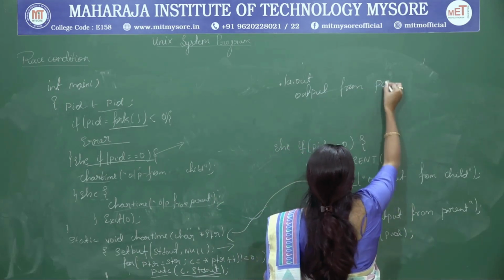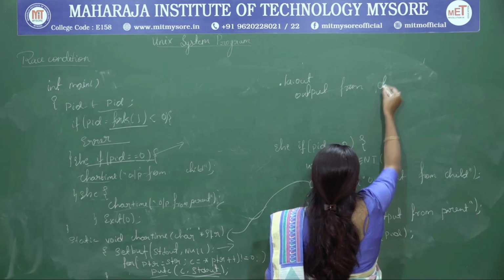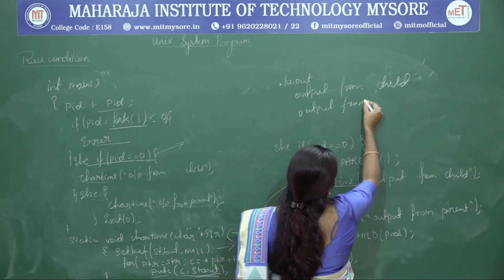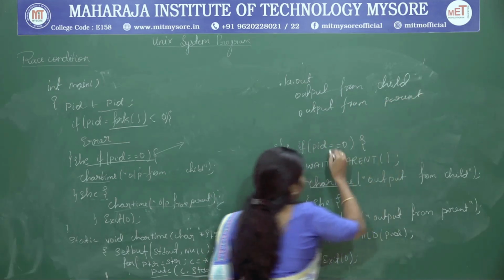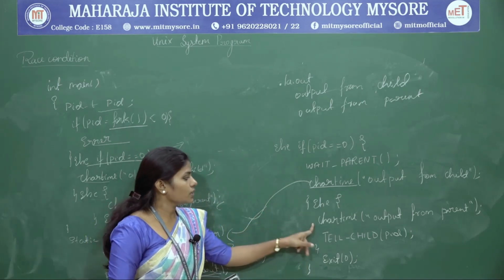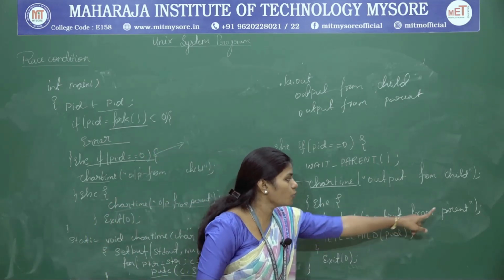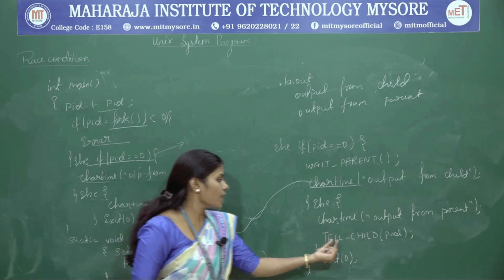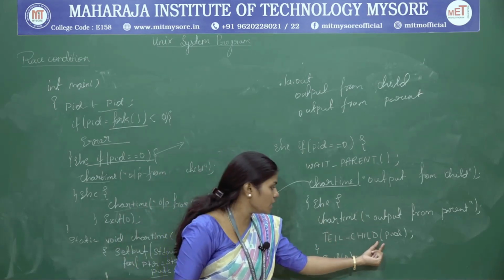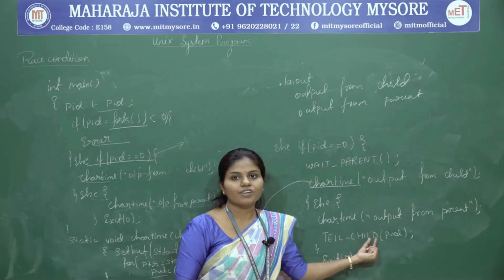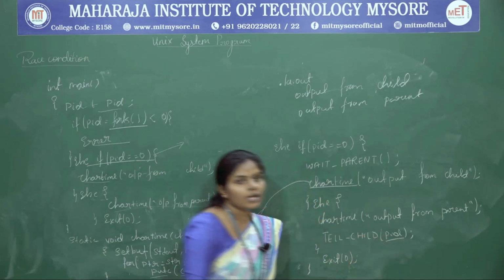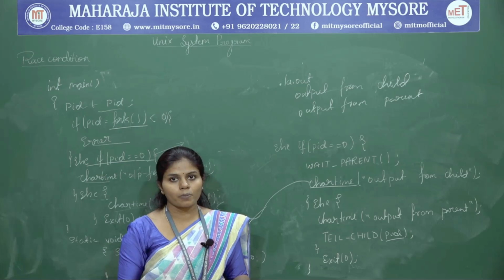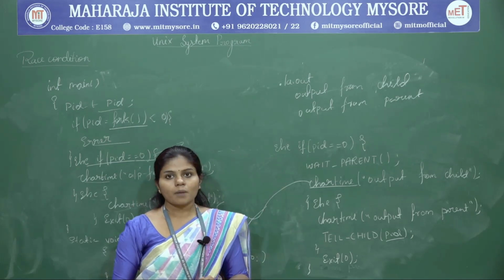So it displays the child first, and the output from the parent when the child is not able to be created. After the parent performs its operation, it informs the child to wake up, right? So tell the child, that particular PID child, to wake up, and the child is going to resume and perform its own operations, right? So this is how the program is going to work.